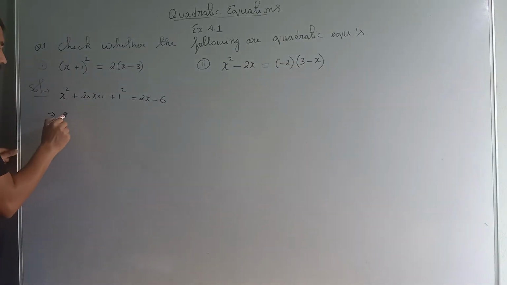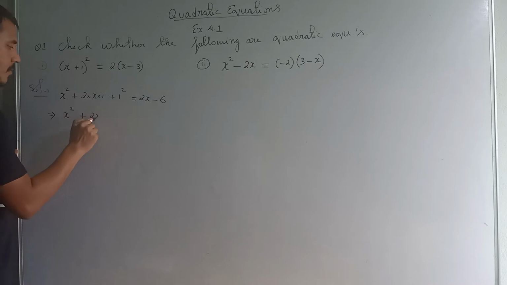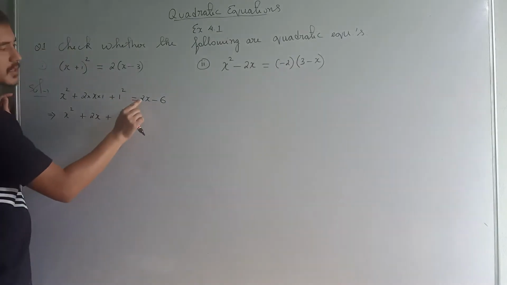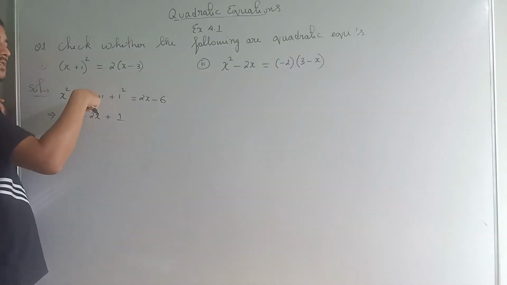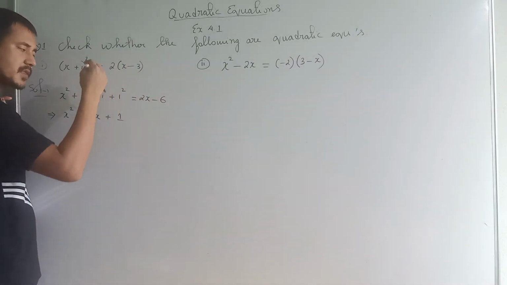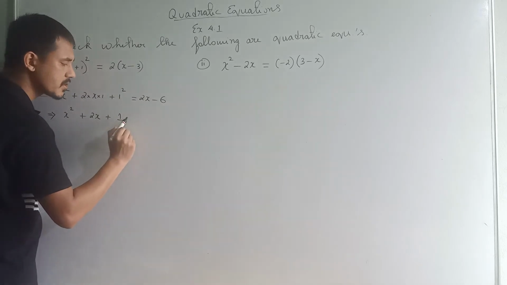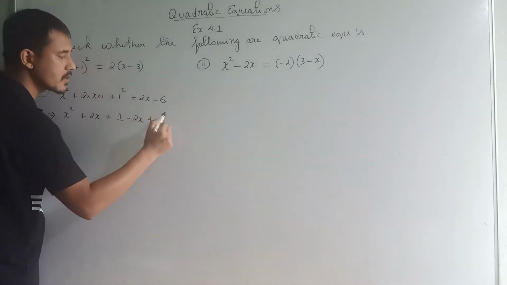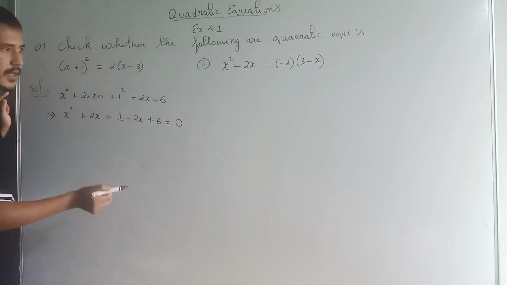Now this implies x squared plus twice x plus 1 squared is 1. Let me transpose the terms on the right side to the left side. So 2x gets transposed as minus 2x, minus 6 becomes plus 6, and on the right side we now have 0.